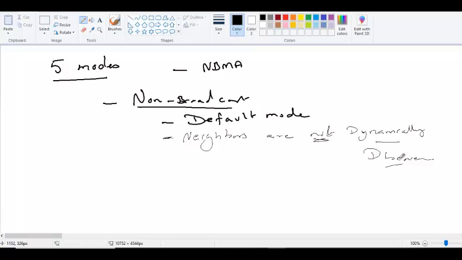Even though there is no NBMA mode needed, because we don't have frame relay, we don't have the old technologies, X.25 or ATM, then why are you learning this? So that if you want this behavior in an Ethernet environment or in a point-to-point environment, if you want this policy, this behavior of OSPF, then you can use these modes. It will work even in Ethernet mode. When you go and change the mode to non-broadcast, what is the default mode on an Ethernet environment?